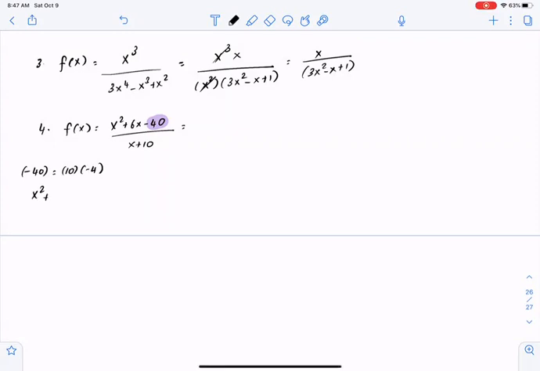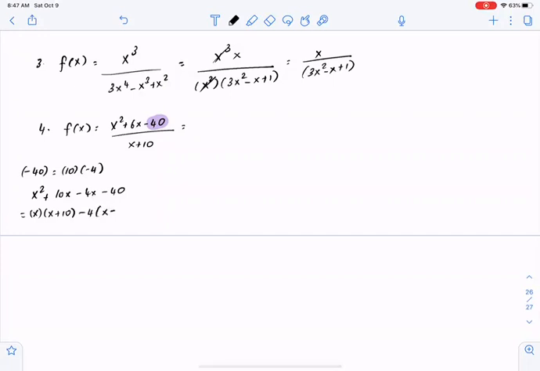X squared plus 10x minus 4x minus 40, which would be x. I have an x in common between the first two terms. If I pull that out, I'll have x plus 10. I have a negative 4 in common in the last two terms.